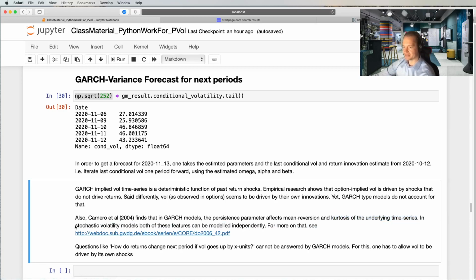And in stochastic volatility models, both of these features can be modeled independently. So don't read the paper unless you really want to, but there's no need to. Just as an academic, I wanted to give you a reference for the claim. And I just used the claim here to motivate why we move on and not stop with the GARCH.